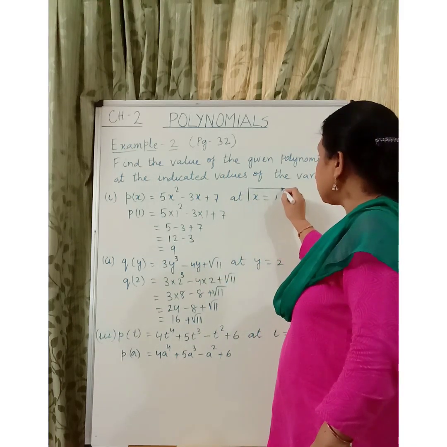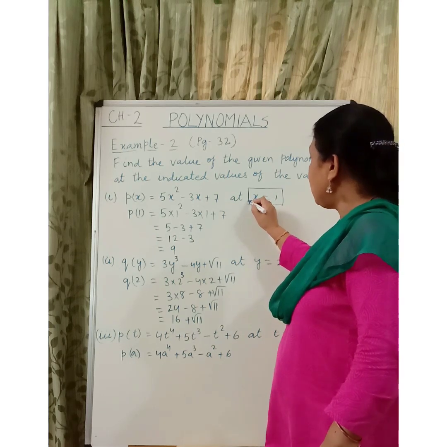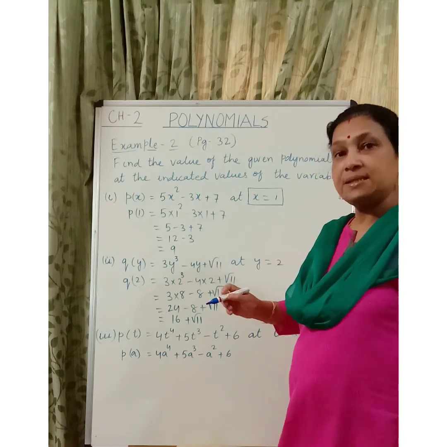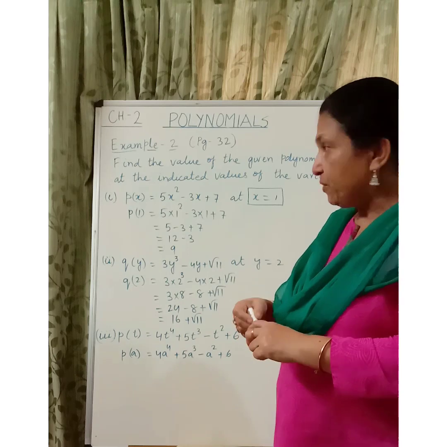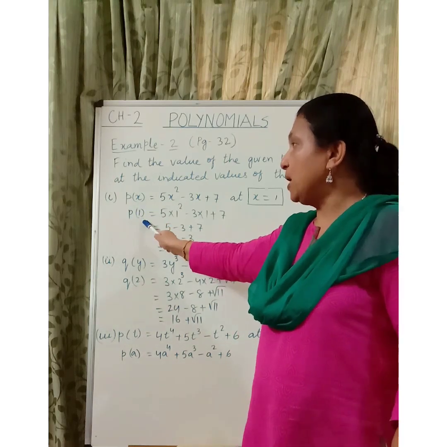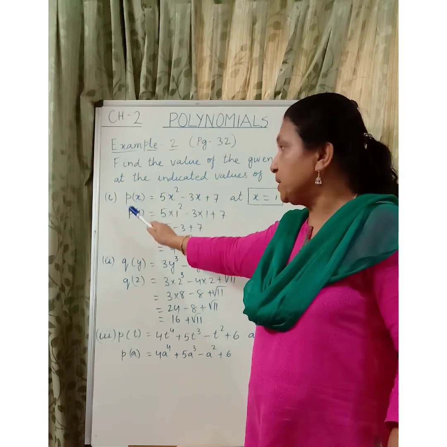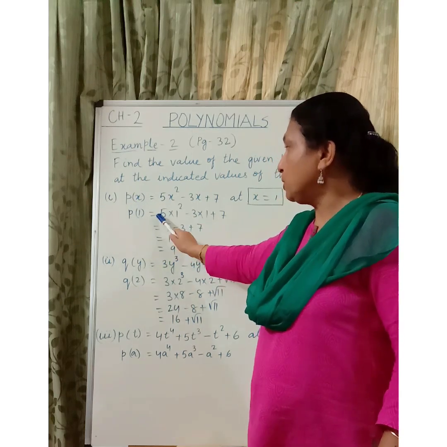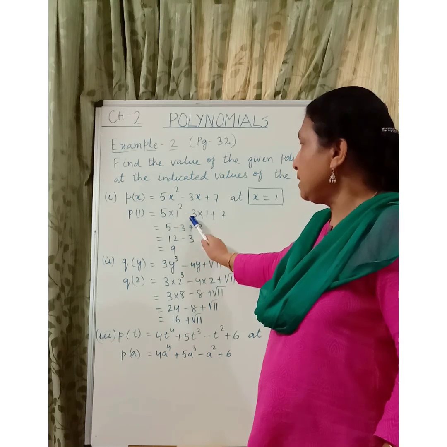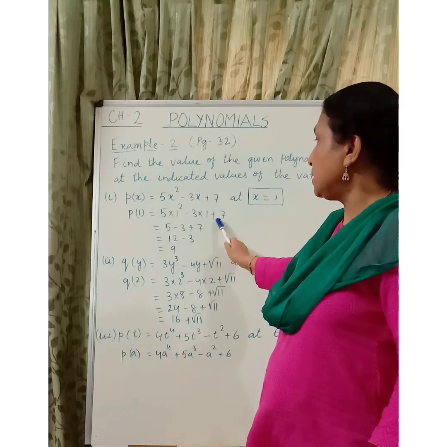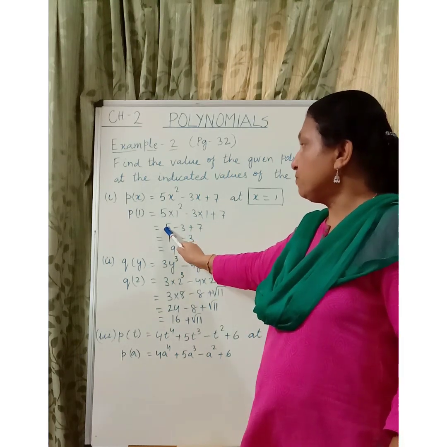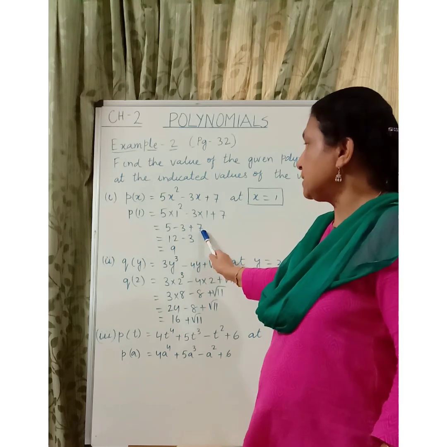The indicated value of the variable is x is 1. So we will be finding out p of 1. So p of 1 is equals to 5 into 1 square minus 3 into 1 plus 7, which becomes 5 minus 3 plus 7.